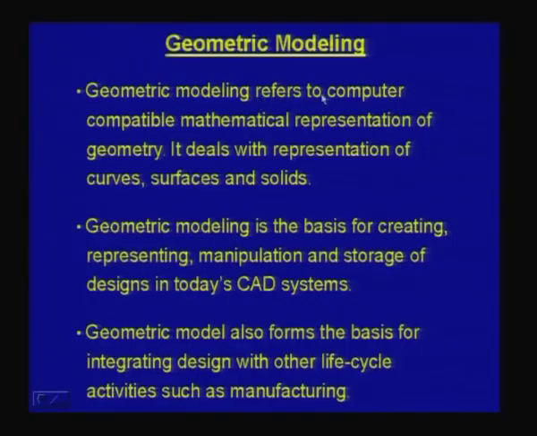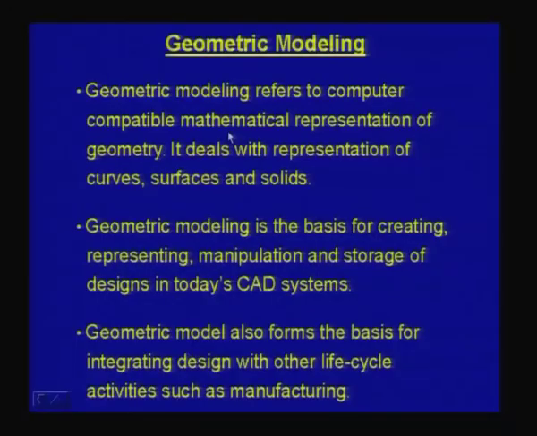Geometric modeling refers to a computer compatible mathematical representation of geometry. The definition has two major aspects. Any definition which I give to geometry should be computer compatible or computer friendly, and the representation should also be mathematical. If a definition satisfies these two requirements, I can call it a geometric model.